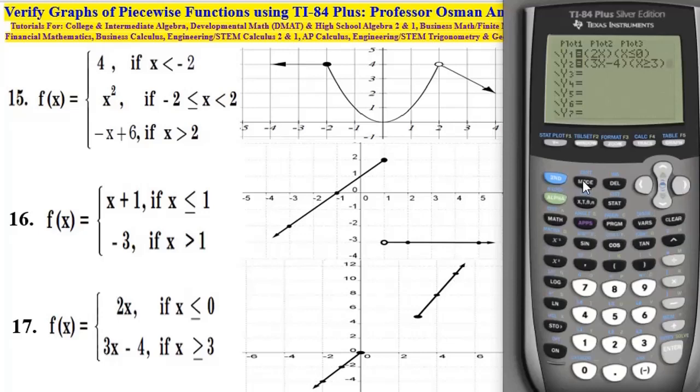We'll adjust the window from minus 6 to 6 for x, and for the y we'll adjust it from minus 6 to 12.